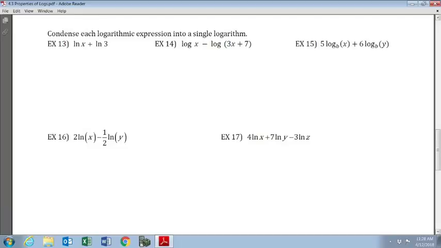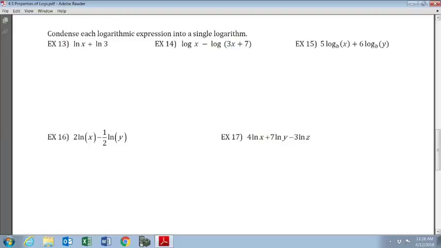So now we're going to go the other direction, and we're going to condense logs. Now you might be wondering why we're going through all the trouble of doing this. One of the reasons why is, particularly in a course like calculus, we do 2 major things in calculus. We evaluate derivatives, and the other would be integrals.